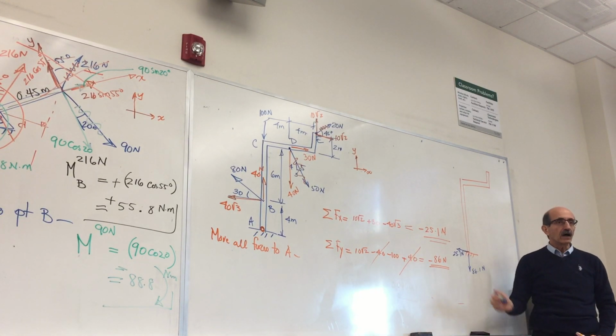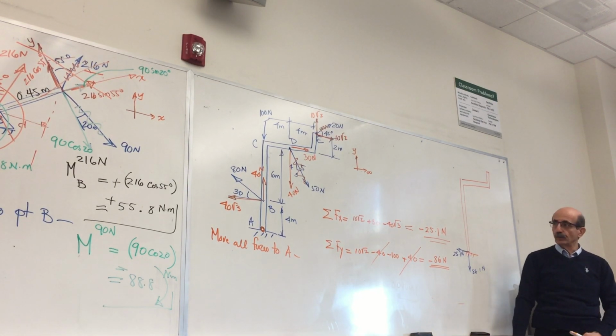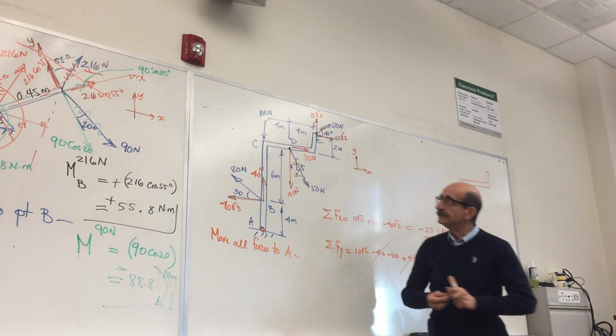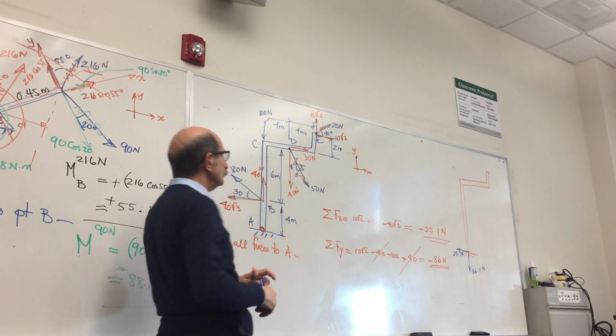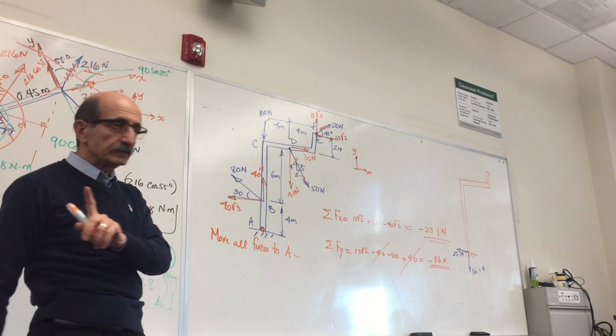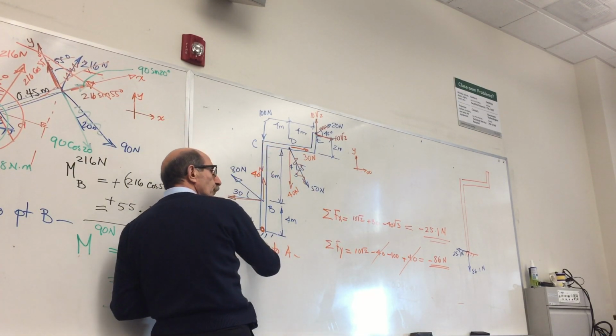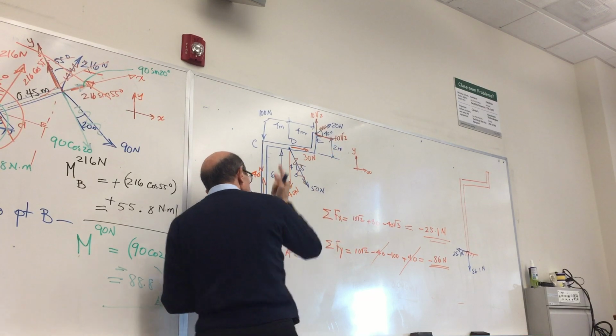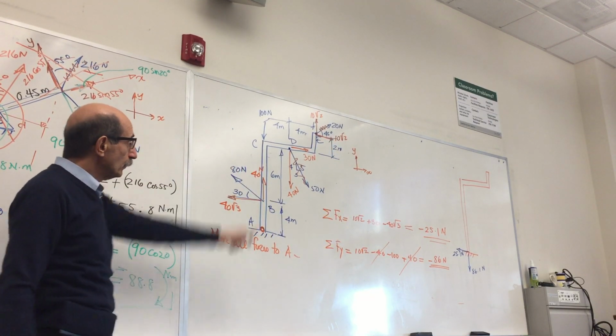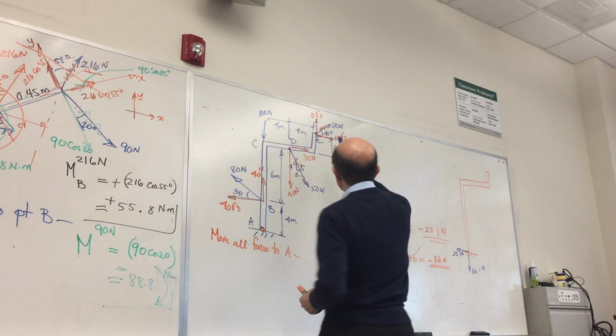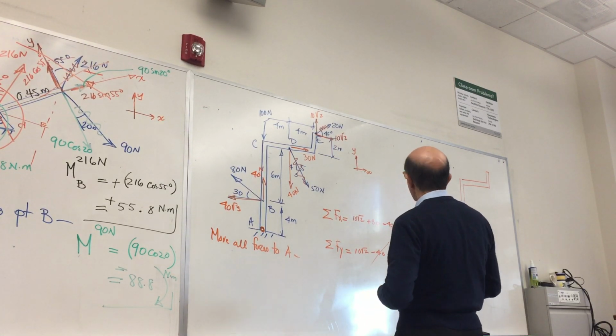But now that you've moved all forces to that point, what does that mean? You will need to add the moment that every single force makes about that point A and add it to the structure. So I will start with this one.